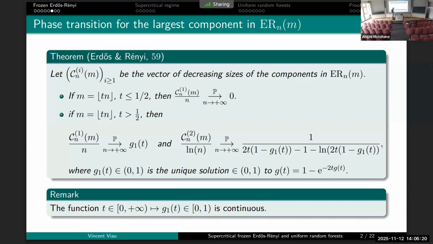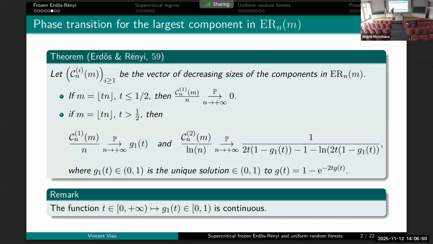So this is what we call a fluid limit result, in the sense that we get a convergence after rescaling by the size of the whole system, and this converges to some deterministic and continuous process. So the idea of this presentation is to give fluid limit results, but not for the Erdős-Rényi model, but for the frozen Erdős-Rényi model.